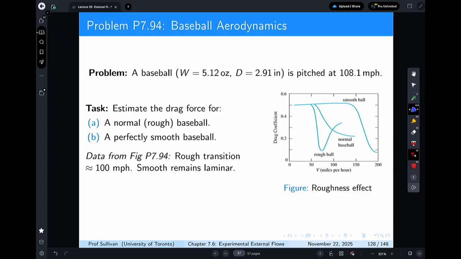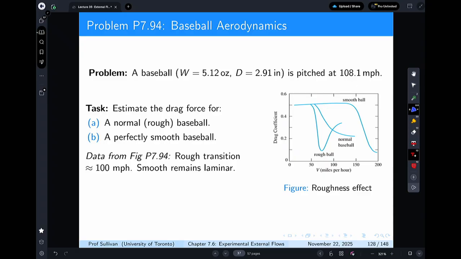This is from White. Smooth ball versus rough ball. Again, not a great graph. Okay, I was looking for the one that I gave you earlier in the lecture, but estimate the drag force for a normal rough baseball. If you've played baseball, you know that you have a lot of threads on the surface, and those threads are really important in order to give you that roughness, and that's what gives you the transition.